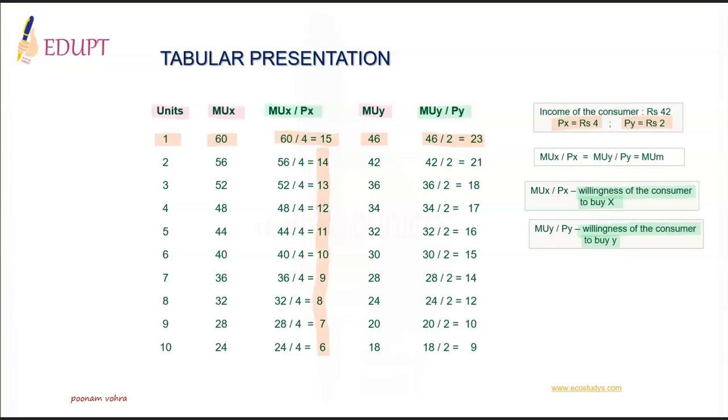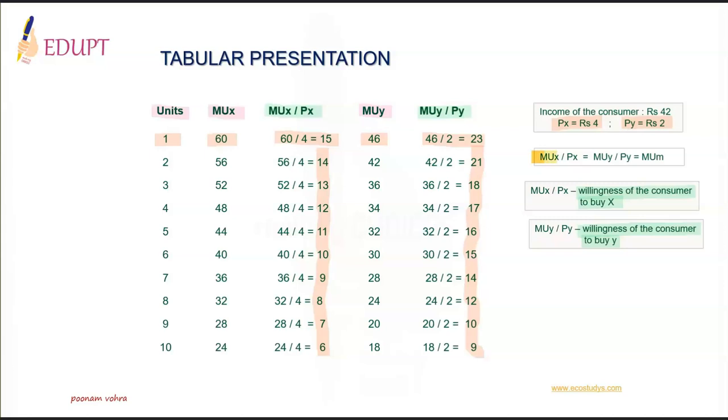Similarly, it is possible to find willingness of the consumer to buy different units of X and different units of Y. Now it is possible to find equality in the two ratios.